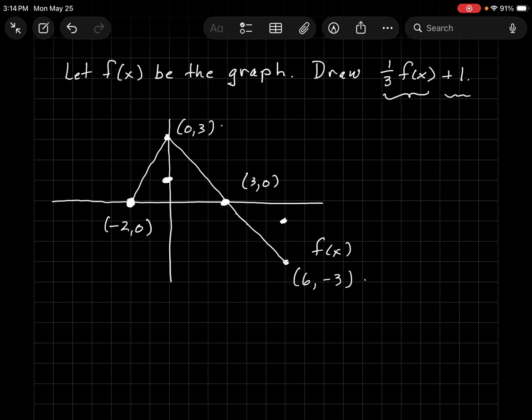So I'm going to draw this with a dashed line because this is not my end result. All I have done so far is taken care of this first part, the multiplication. Now what do we do? Well, it says, let's take what we have and add 1 to every y value.